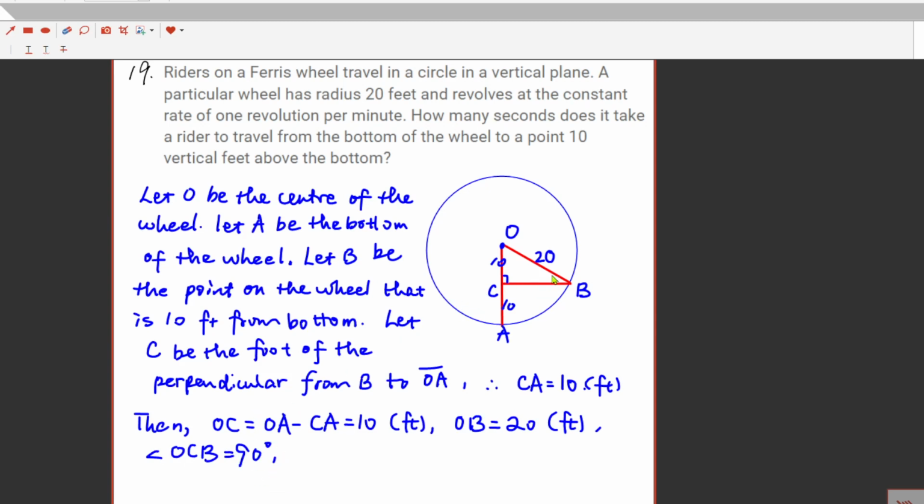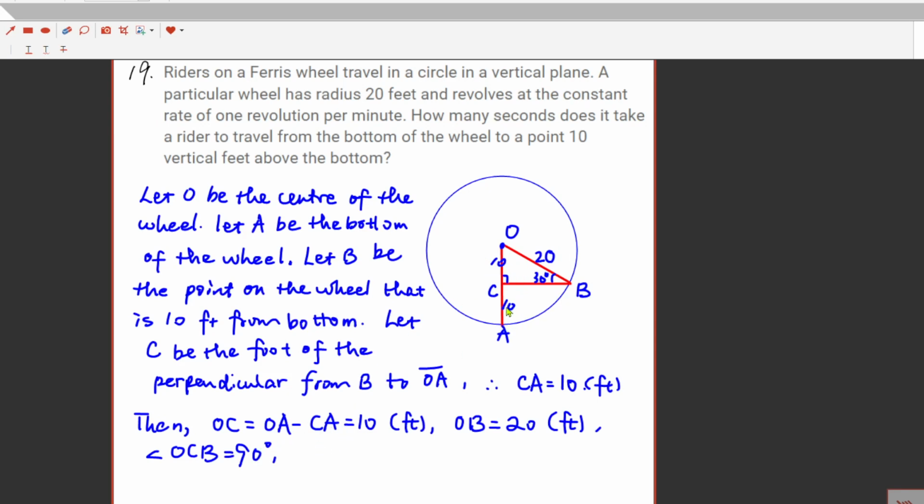Therefore, we know this triangle here, OCB, this angle is 30 degrees, right? Because this side is 10, this hypotenuse is 20, so this is a 30, 60, 90 right triangle.